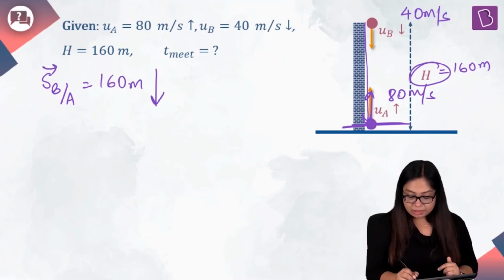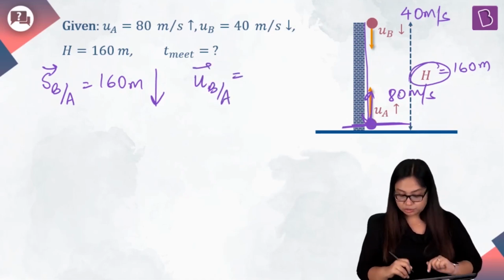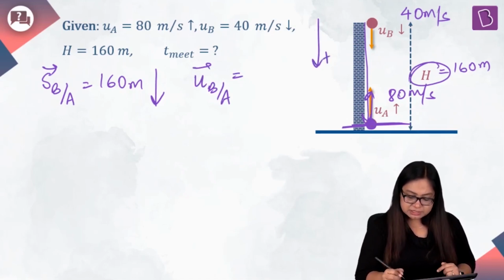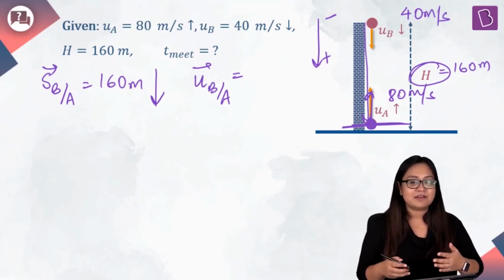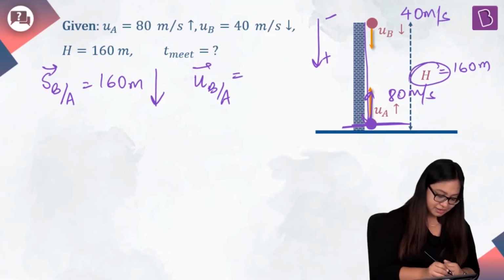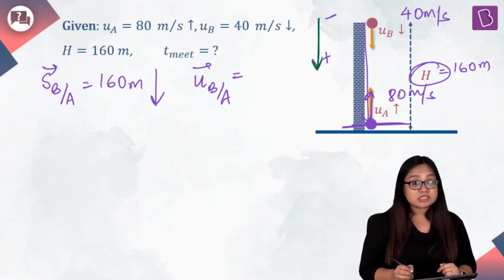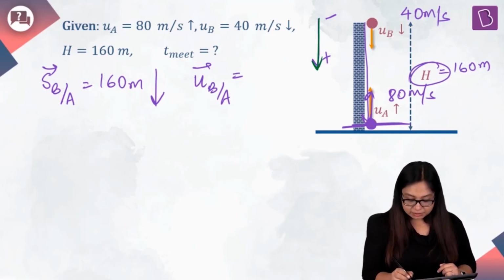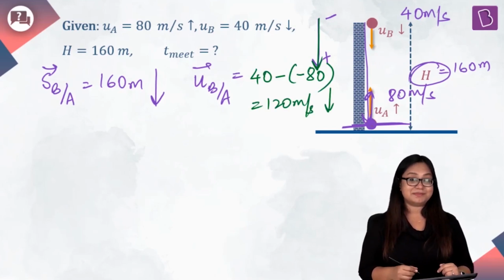What about relative velocity? Initial velocity U of B with respect to A can be calculated as UB minus UA, and I'm going to take vertically downwards as positive, upwards as negative, because most of the vectors that I have are vertically downwards. Initial velocity of B with respect to A will be equal to 40 minus minus 80, which is equal to 120 meter per second, also vertically downwards.